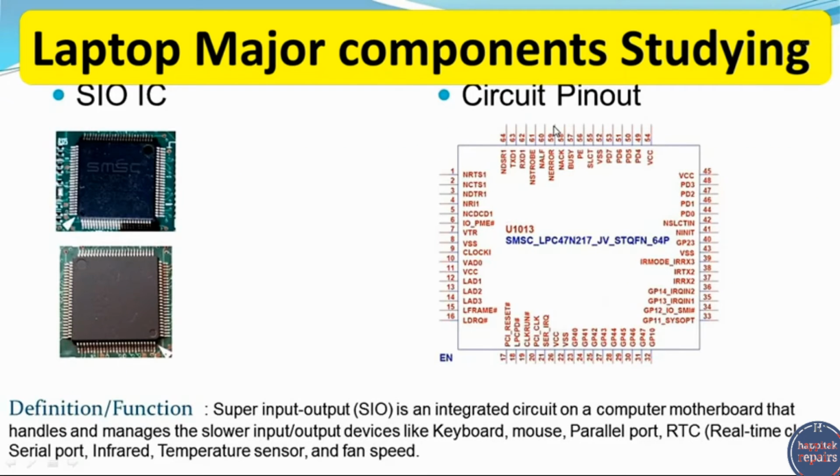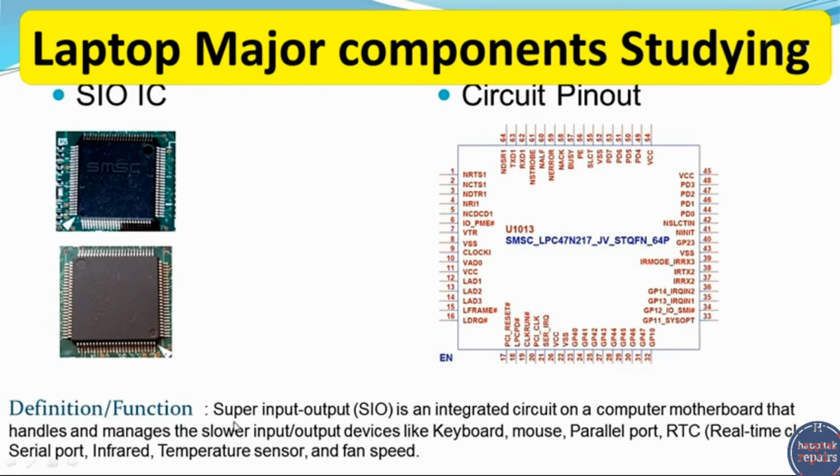So the next component is the Super I/O IC. The Super I/O IC is the IC that controls the power in the whole motherboard. It is of course connected to the keyboard, to the BIOS, etc. Here we have the pin configuration of the I/O.